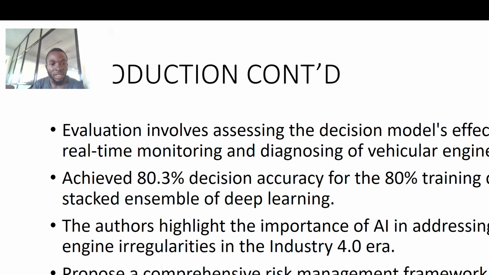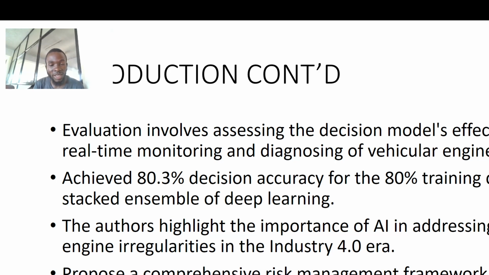So they propose a comprehensive risk management framework. A risk management framework means that for the vehicle engines, it's a risk to come to the road while your engine is faulty. So it's a risk management framework whereby they are going to be monitoring the engine while it's on the road.